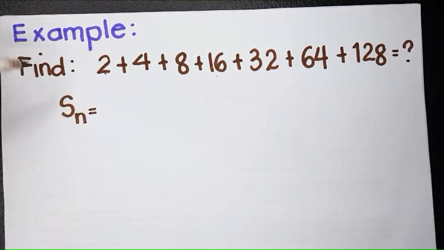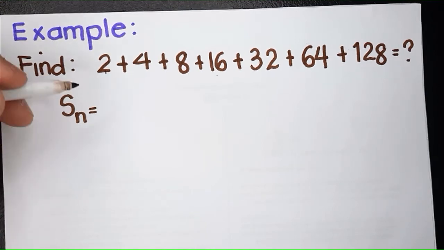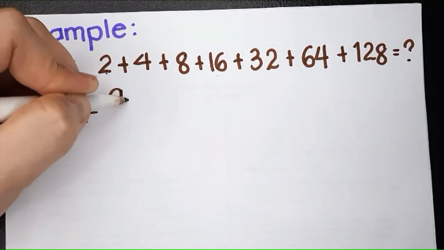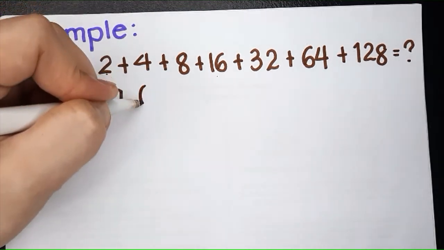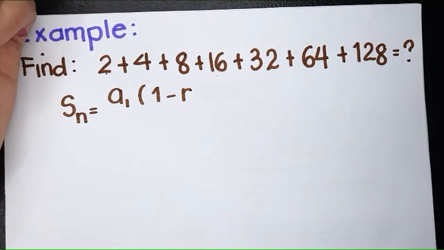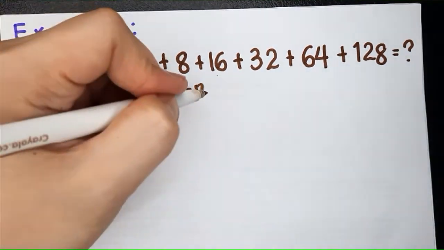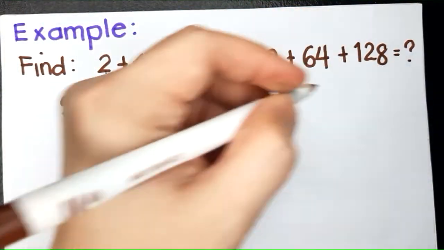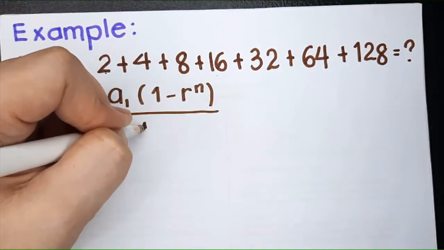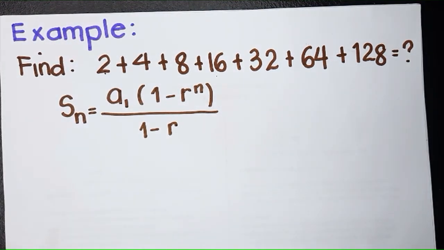S sub n, so the sum of the first n terms of a geometric sequence is equal to first term times 1 minus the common ratio raised to the number of terms, kung ilan lahat ito, divided by 1 minus the common ratio. Okay?